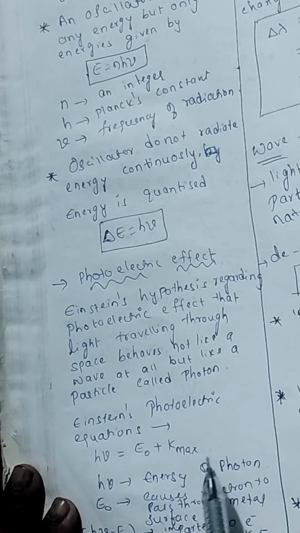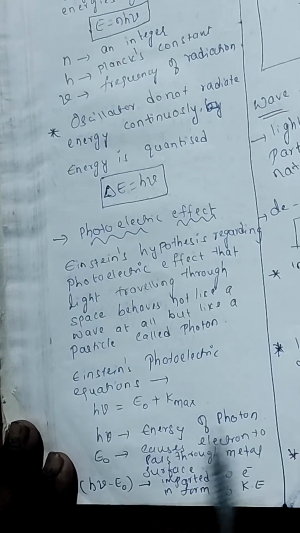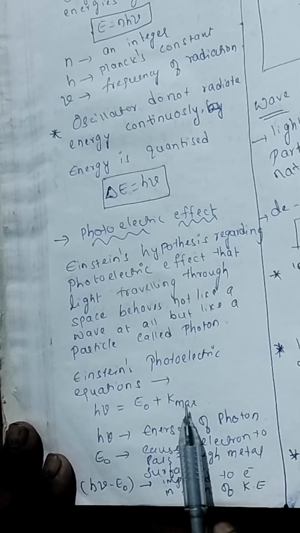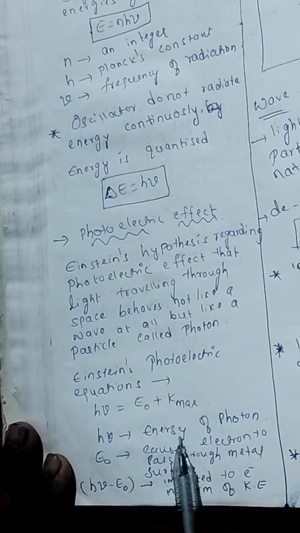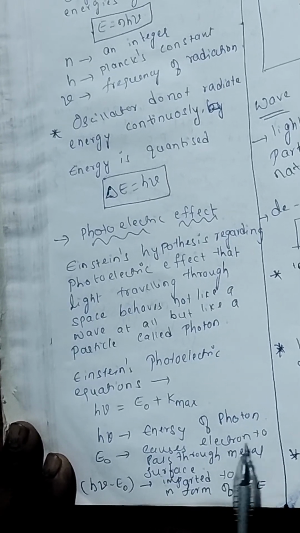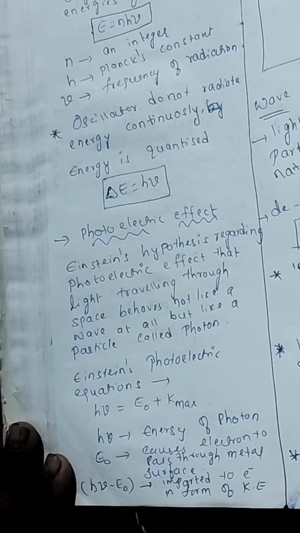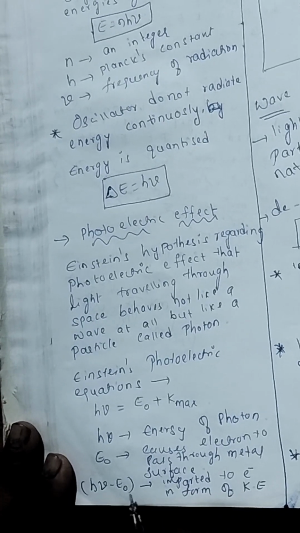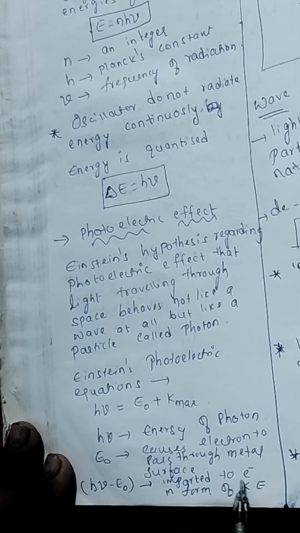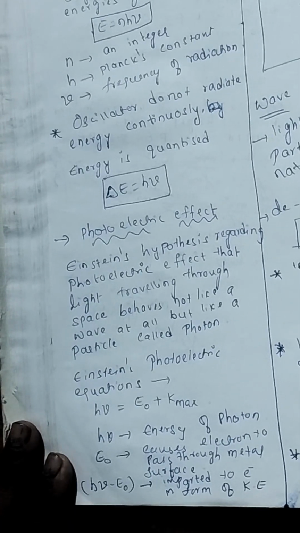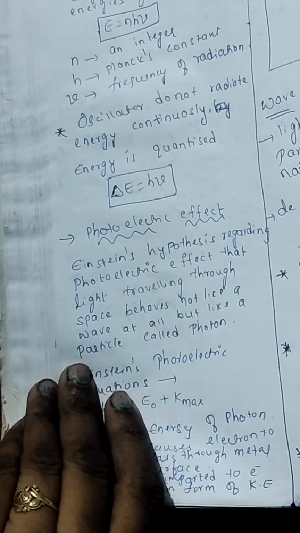So Einstein's photoelectric equation is h nu equal to E naught plus kinetic energy K maximum, where h nu is the energy of the photon, E naught, which causes the electrons to pass through the metal surface, we call the work function, and h nu minus E naught is imparted to the electron in the form of kinetic energy.